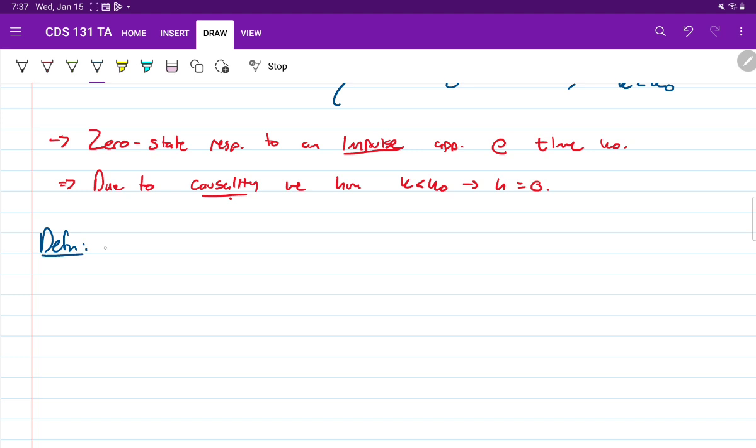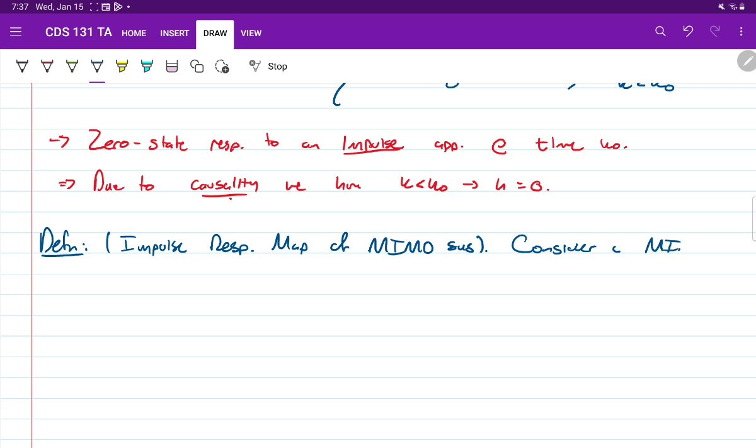So definition, impulse response map of a MIMO system. Okay, so this is multi-input, multi-output. So now I'll say consider a MIMO discrete time linear I/O system with I/O map rho, input value space Rm.